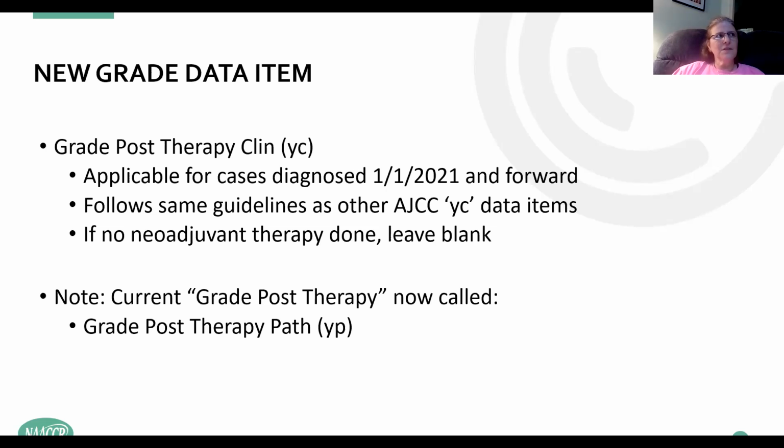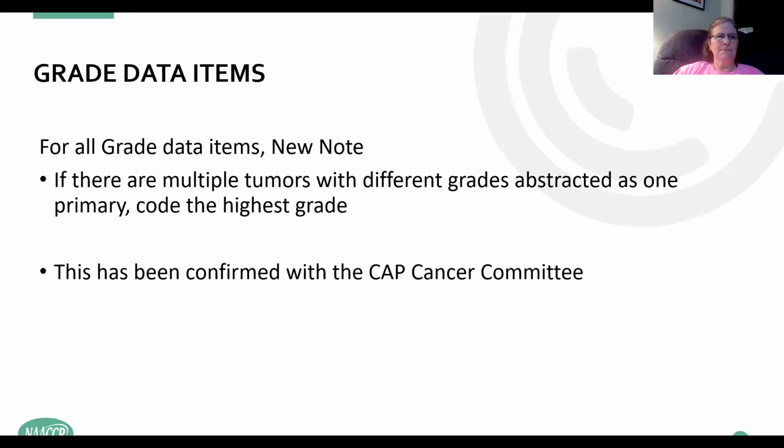I mean, you can fill it in for a patient who had a biopsy, lung cancer, the only treatment recommended was chemo radiation, then they did clinical follow-up after the therapy was done. You can use YC for that, but it's not required. So there's a lot of ways you could use YC, but go to the STORE manual to get the full instructions on when you apply YC.